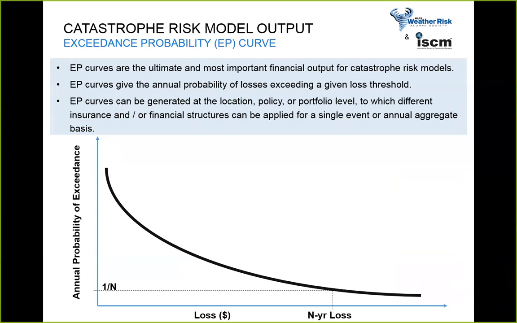Here you can see the reciprocal nature of return period and exceedance probability. So if you have a 1 in 100 year event, n is 100, 1 over 100 is 1% probability of exceedance. And you look up that loss on the table and you get the 100-year loss, which would be at this point.